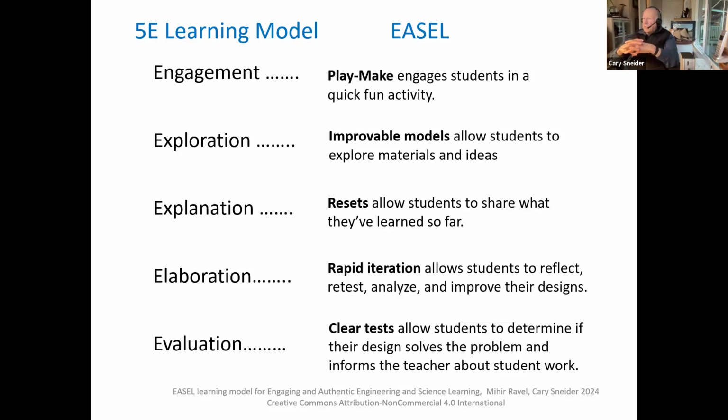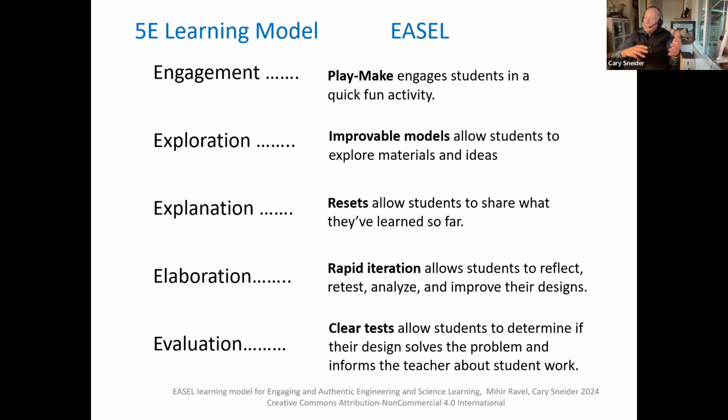Explanation. It's important for kids in the 5E model to explain the science, what they've learned at that point. And in the EASEL, there's a similar step, which is a reset where kids all of a sudden stop and they share what they've learned so far. That often involves both explaining the science, but also explaining the solution that they're working on and how they're thinking about the problem.